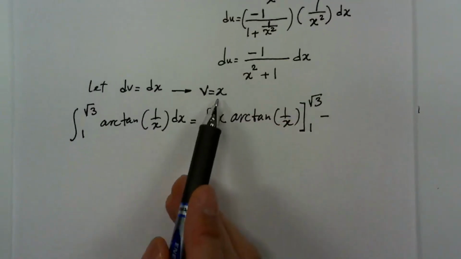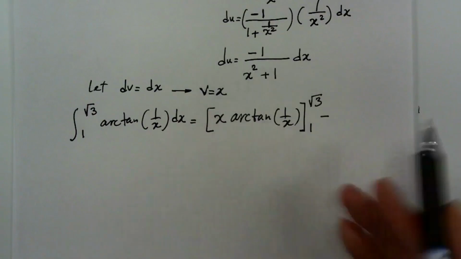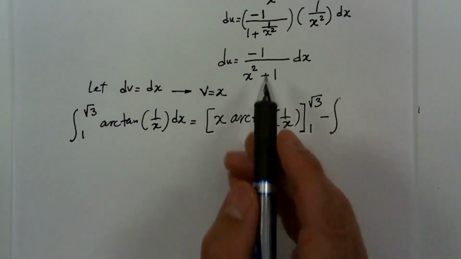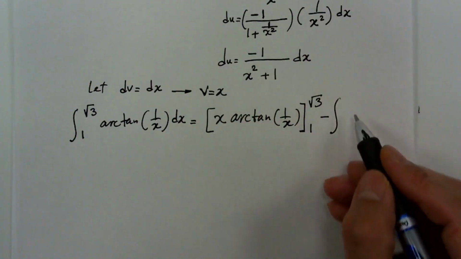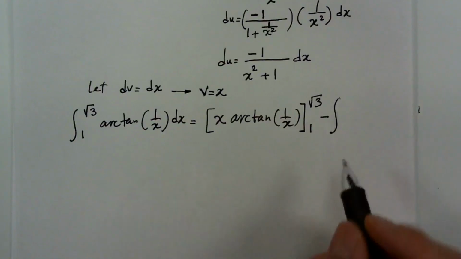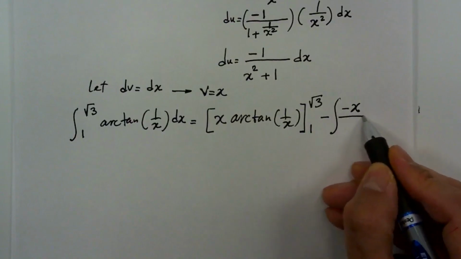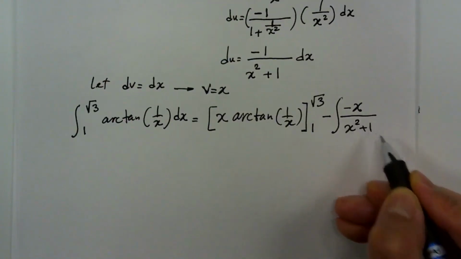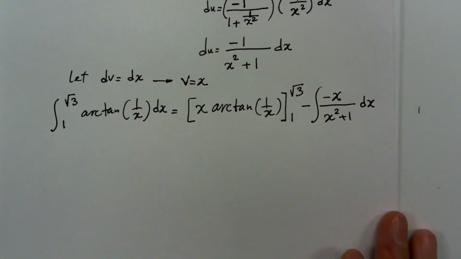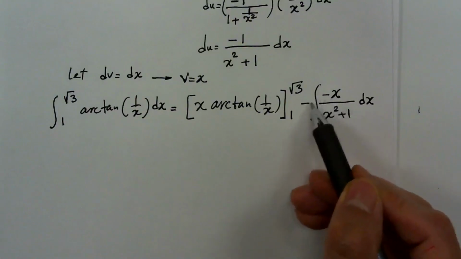So v du, which is all of that. So we have minus integral of minus 1 times x, so it's like this, minus x over x squared plus 1 dx. Okay, but I don't want to have this negative dangling there, so I'm going to multiply these and make this positive.